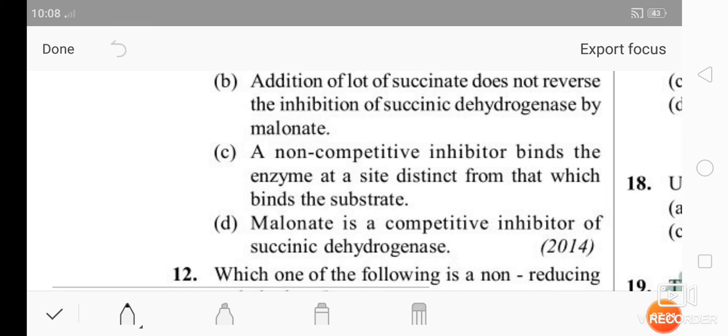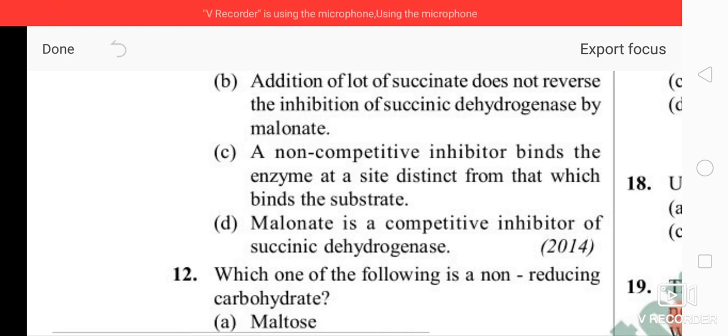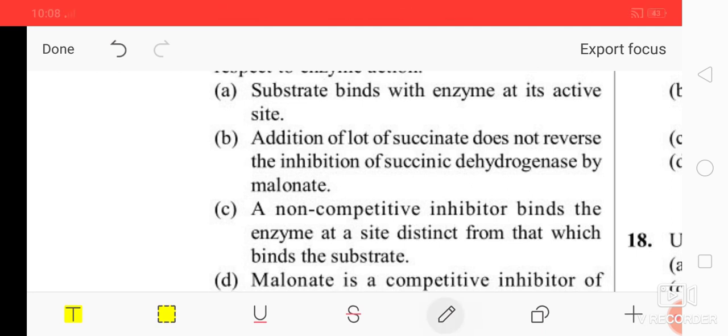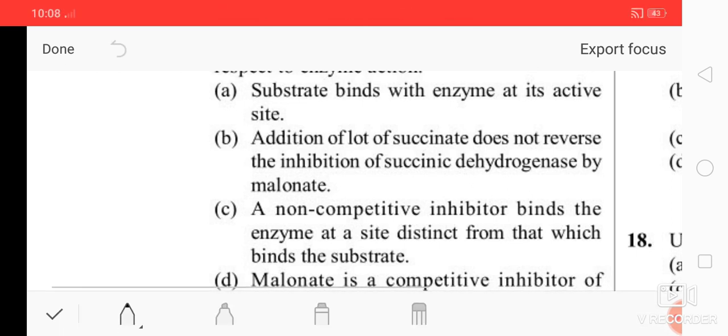Malonate is a competitive inhibitor of the succinic dehydrogenase. And the correct option for this question is option B, addition of lots of succinate does not reverse the inhibition of succinic dehydrogenase by malonate.